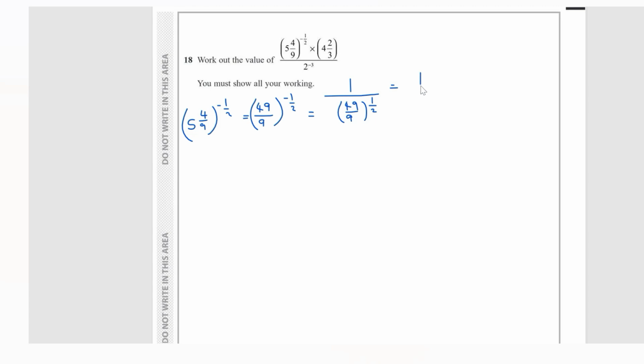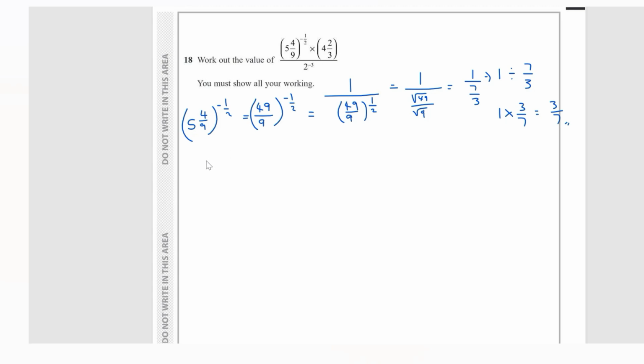So if we rewrite this, it'll be the square root of 49 over the square root of 9. So this will be 1 over 7 over 3. Now if we rewrite this, we would have 1 divided by 7 over 3, which means we need to flip the second fraction and multiply, which then gives us a simplified answer of 3 over 7.